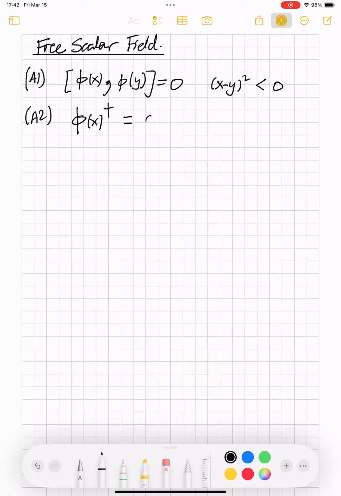So this should look like a very natural requirement to you. In quantum mechanics, whenever we have an observable, we ask that it's Hermitian. So P† was equal to P, X† was equal to X, H† was equal to H. And this was always for the same reason. It's so that the eigenvalues of the operator are real. With axiom A2, the eigenvalues of our field phi of x are going to be real, and the result of some measurement will be one of those eigenvalues. So we know we're going to get a real number when we perform this measurement.